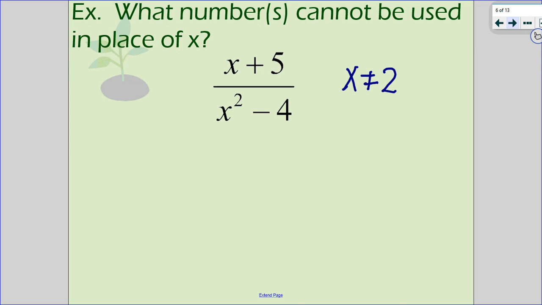Yes, it wouldn't work. If you square -2, what do you get, everybody? 4. Oh, 4 minus 4 is 0. If it's squared, remember, we should get 2 different answers there. So 2 squared minus 4 and -2 squared minus 4 both equal 0. So those cannot be used.